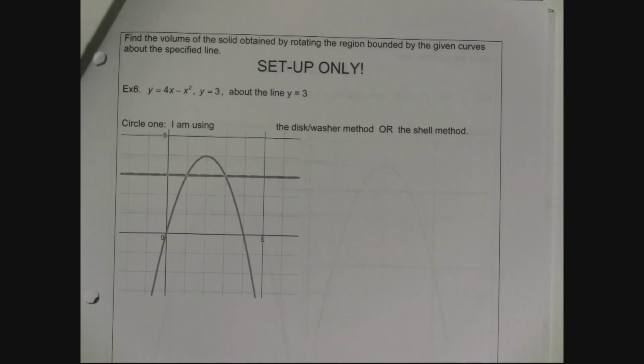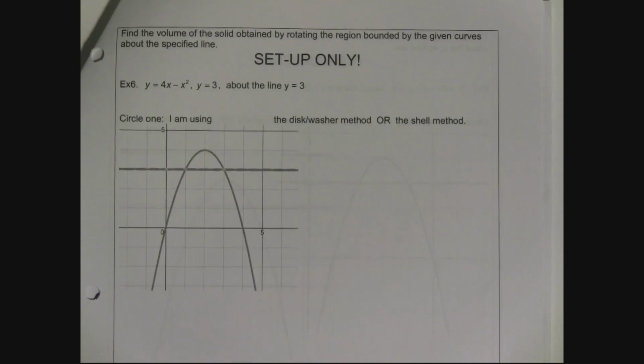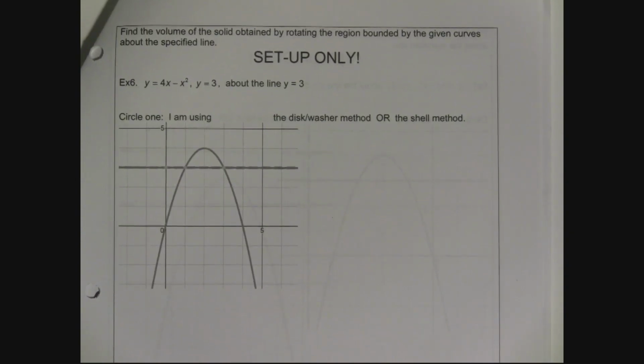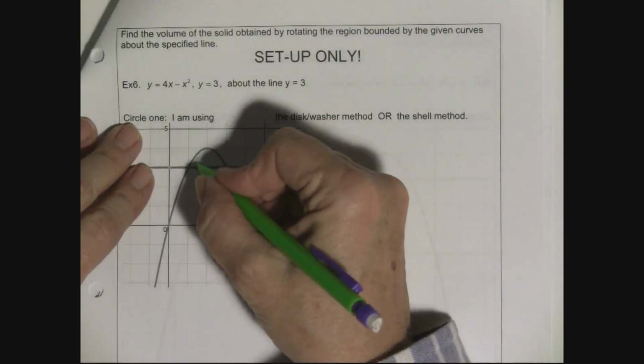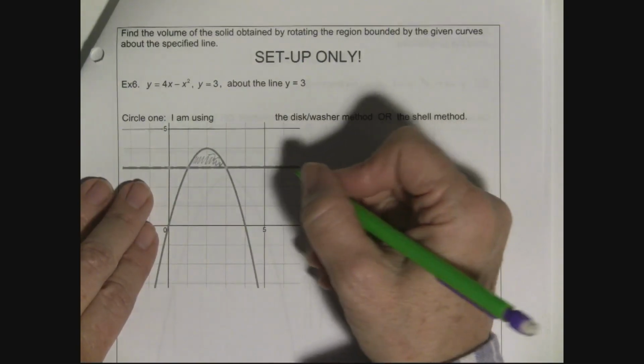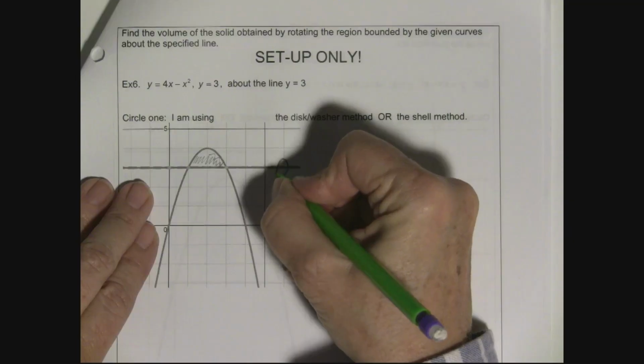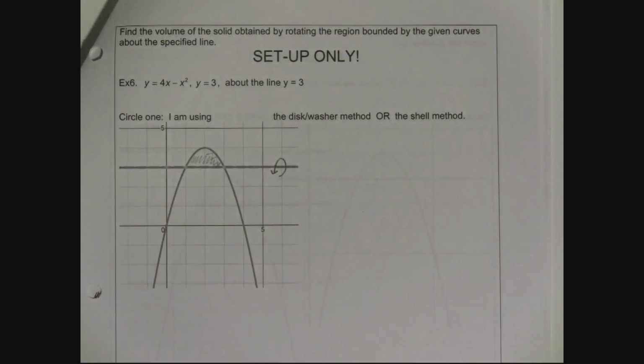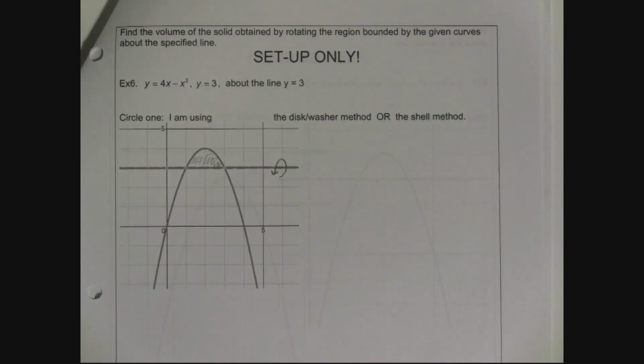All that's happened here is that they've got the same thing going here. And then they said the axis of rotation is the line y equals 3. So that right there is the axis of rotation.